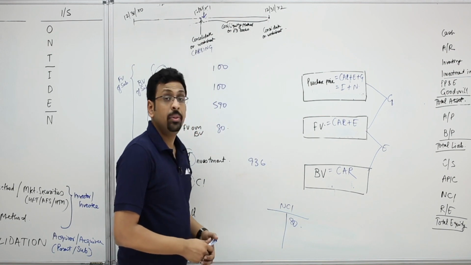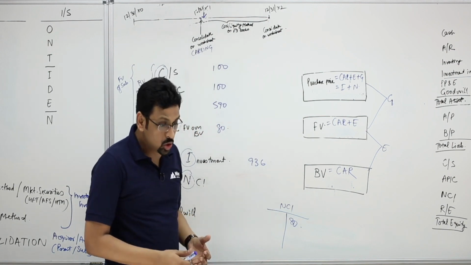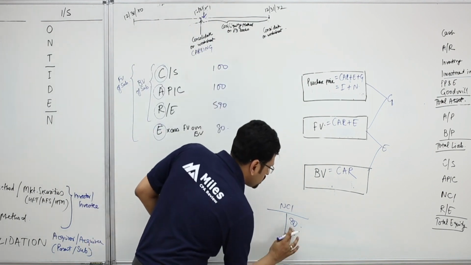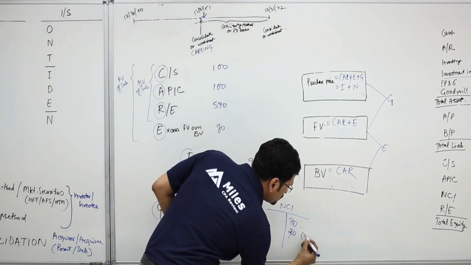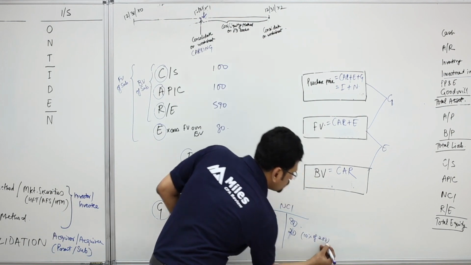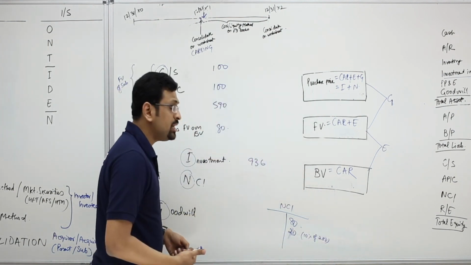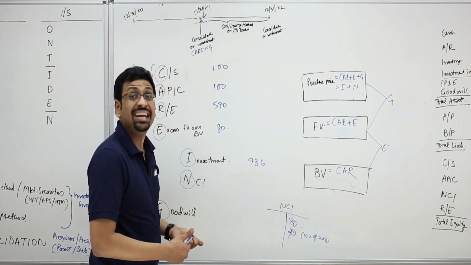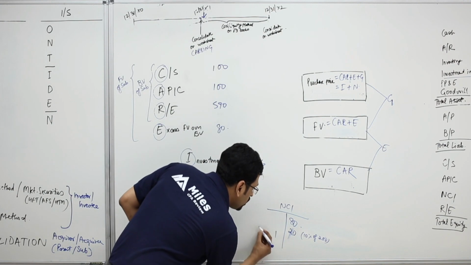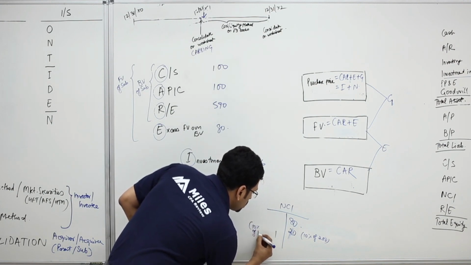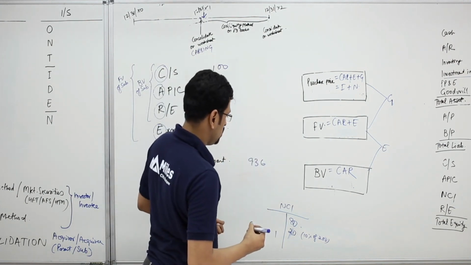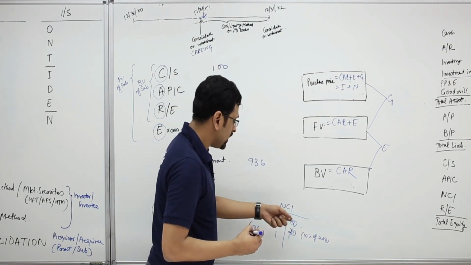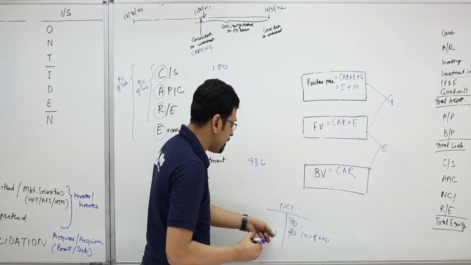Now during the year, the subsidiary earned $200. 10% of that goes to non-controlling interest, so they got $20 out of that. And the subsidiary paid out dividends of $10. Non-controlling interest got 10% of $10, so they got $1. So if you look at it, non-controlling interest credit was 80 plus 20, 100, debit was 1.